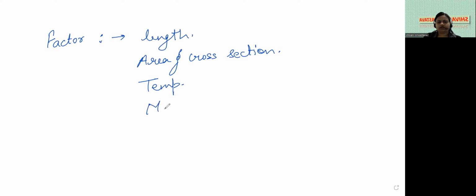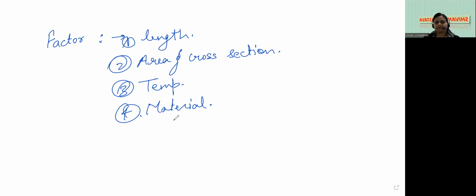Obviously, it depends on the material also. Length, area of cross section, temperature, and material of the body. I think now you must be aware of this resistance.